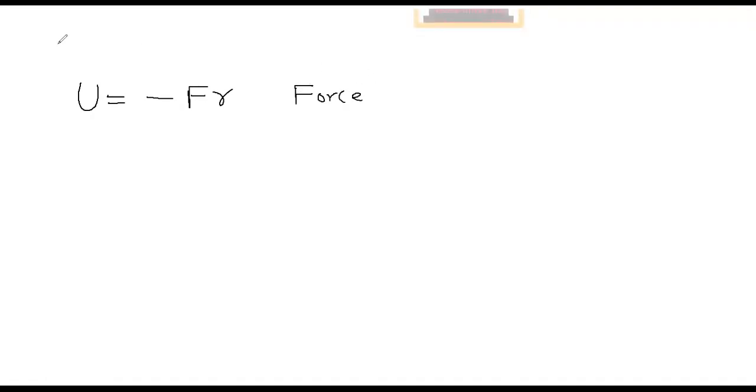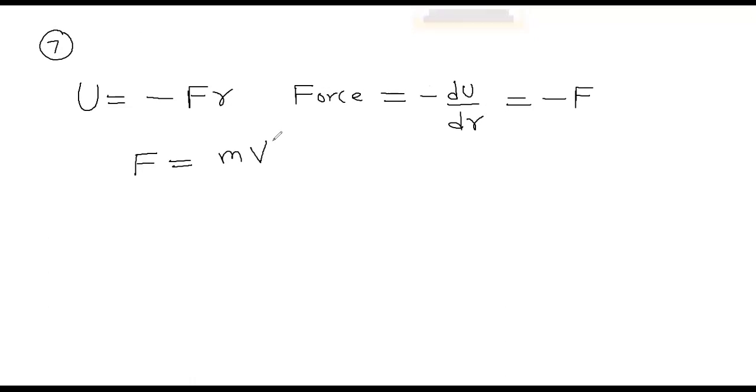So force can be written as minus dU by dr, so it is minus F. So the force is acting towards the origin and the magnitude of the force is F, and for circular orbit F will provide the centripetal acceleration. F will be equal to mv square by r.